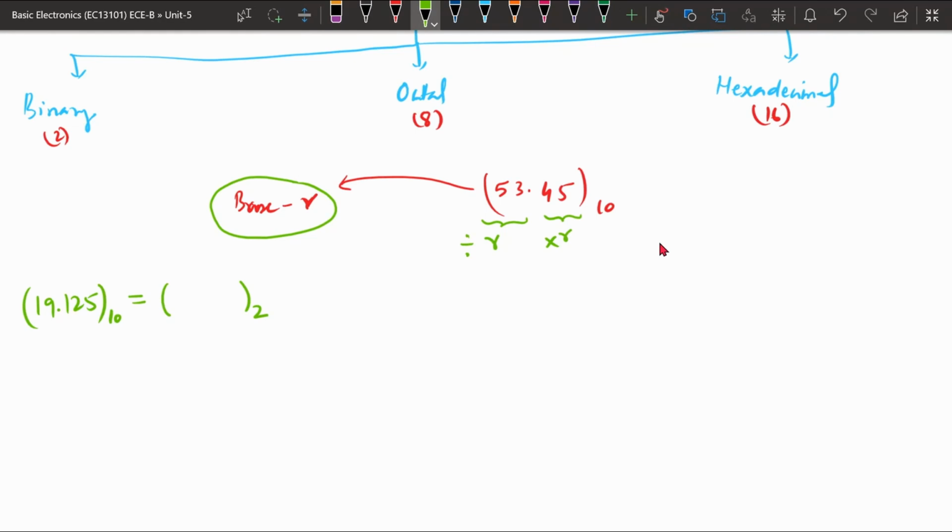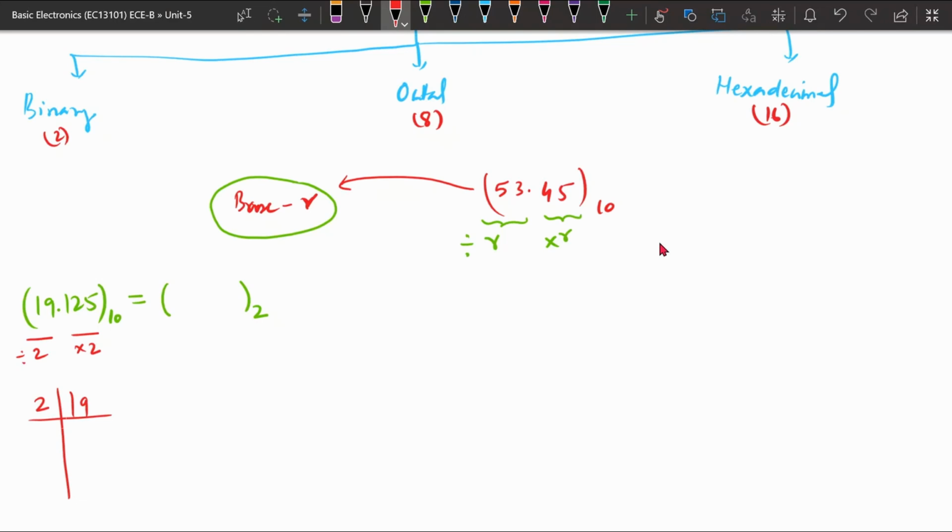So we divide the integer part by 2 and multiply the fractional part by 2. On the left part, 19, we divide it by 2, and write the quotient here and the remainder here.